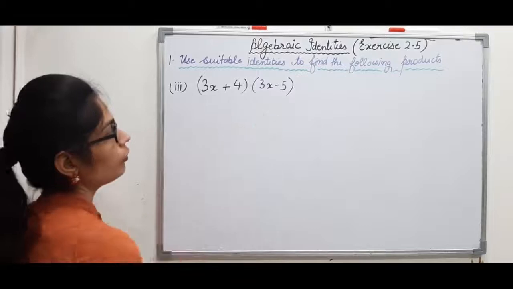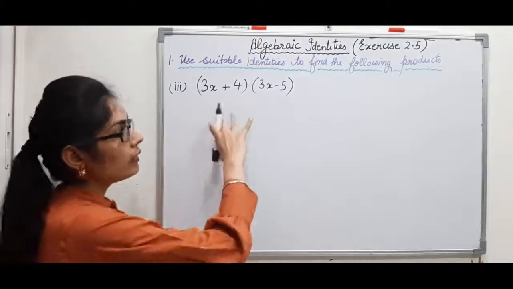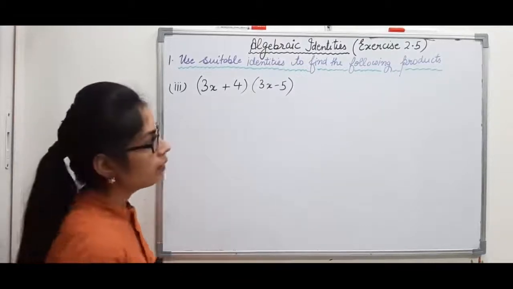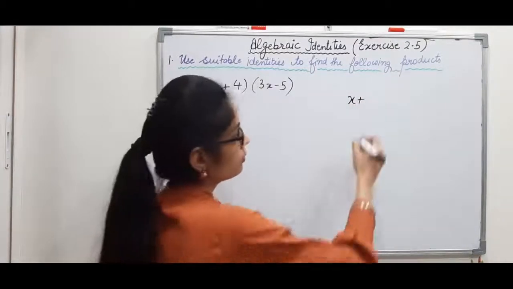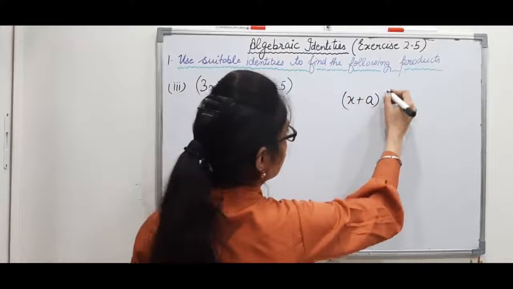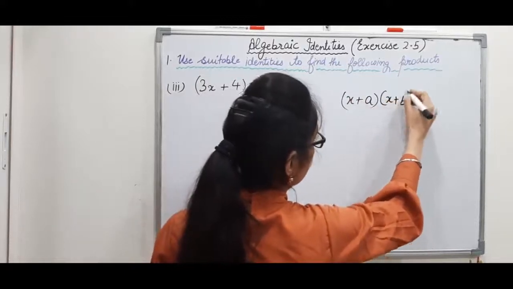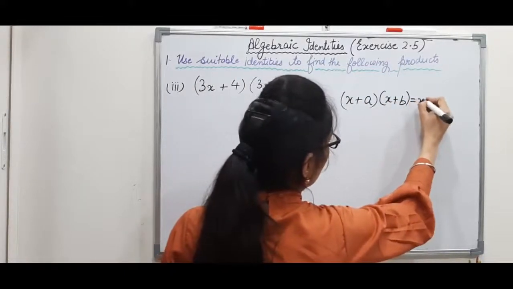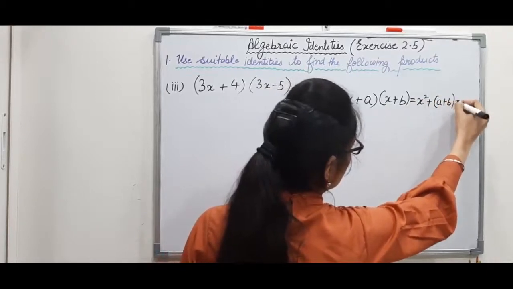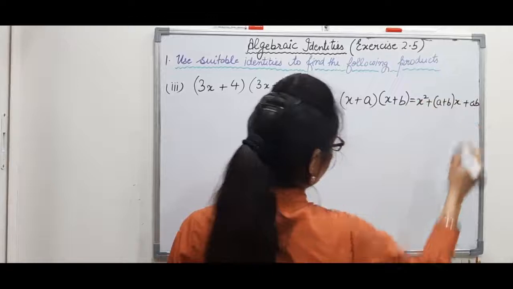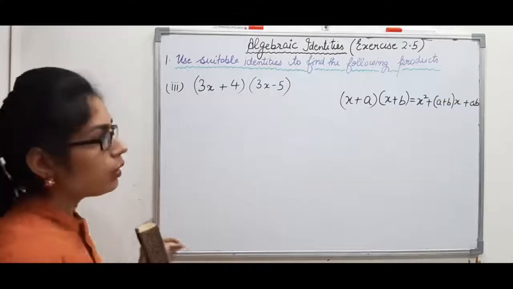See, the product of two expressions is there. Again, if you observe the two terms, it is like the previous expression which we have already used. So x plus a into x plus b is equal to x square plus (a plus b)x plus ab. You just have to compare.